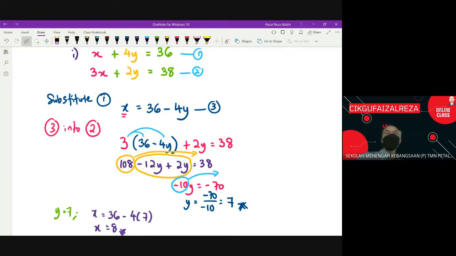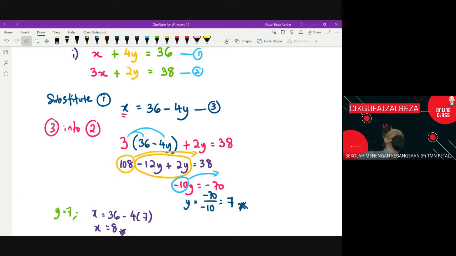Did you get 36? First equation: 8 plus 28, you get the answer 36. Isn't it, Emma? Yeah.